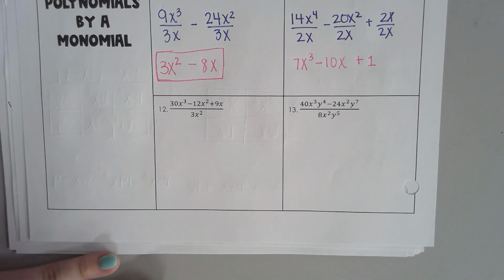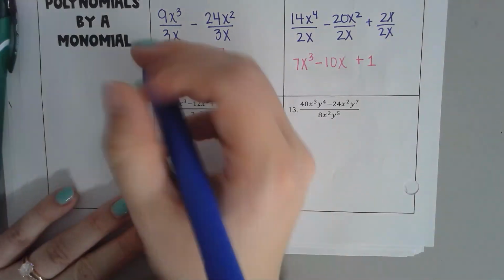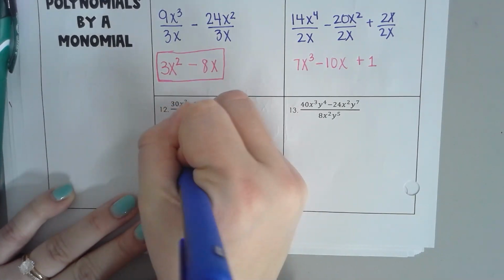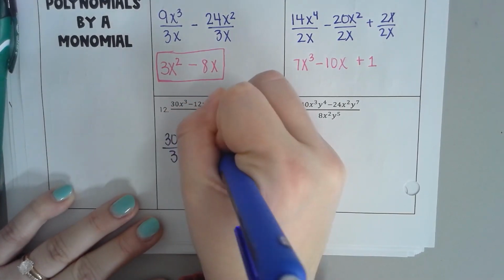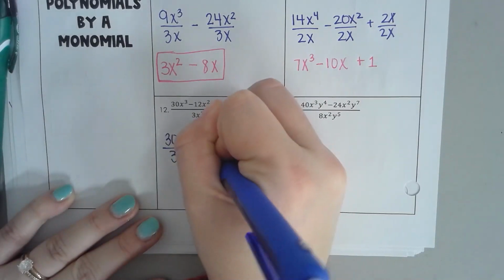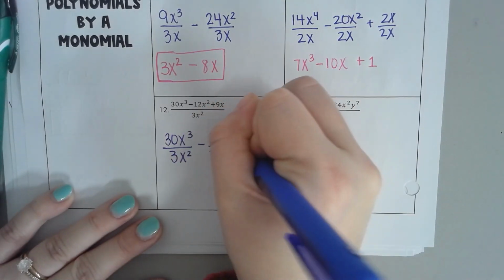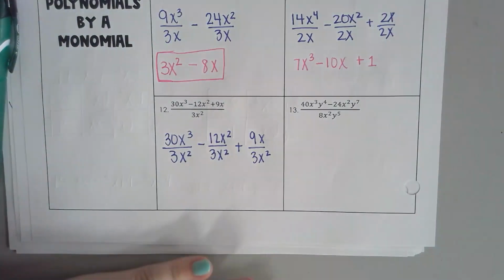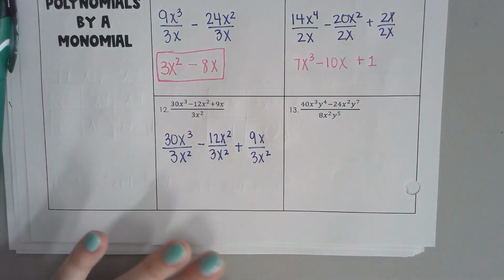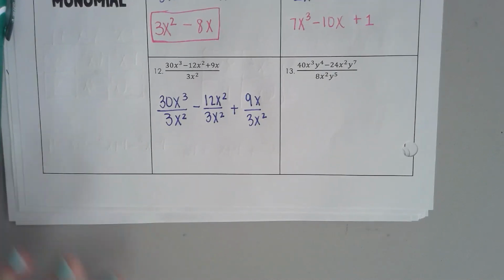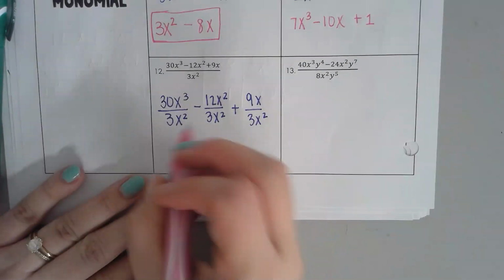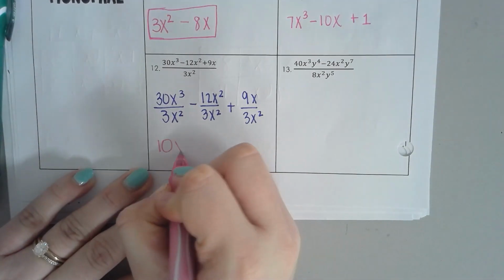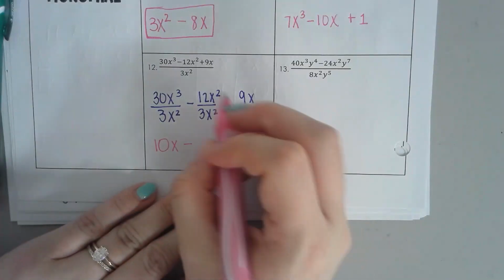Number 12. What is 30 divided by 3? 10. How many x's are we left with? Top or bottom? Good. 12 over 3? 4.